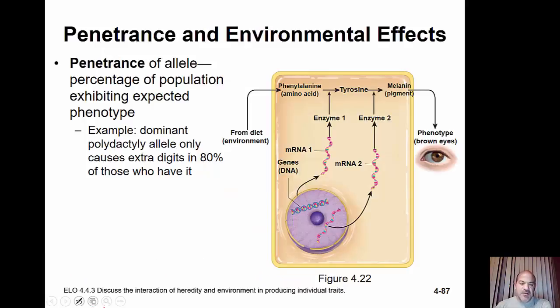Here's another concept now and a new objective. Our new objective is to discuss the interactions of heredity and the environment in producing individual traits. We have something called penetrance and another one called environmental effects. For penetrance of an allele, there's going to be a percentage of a population that shows or exhibits an expected phenotype.